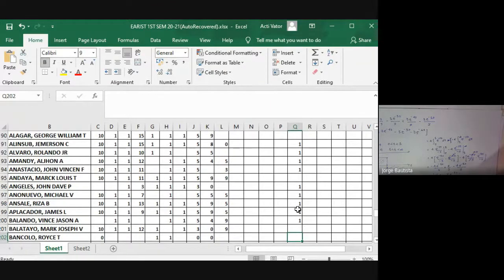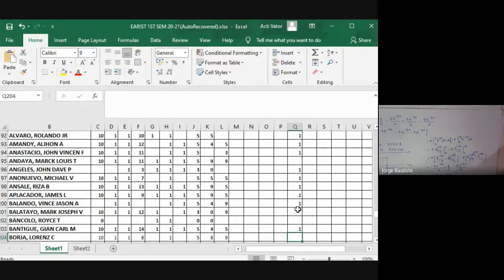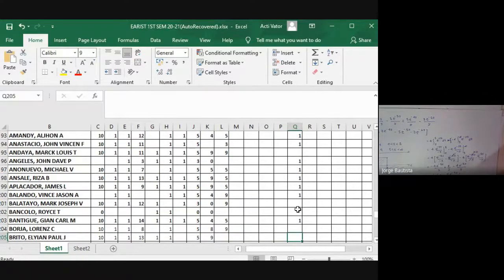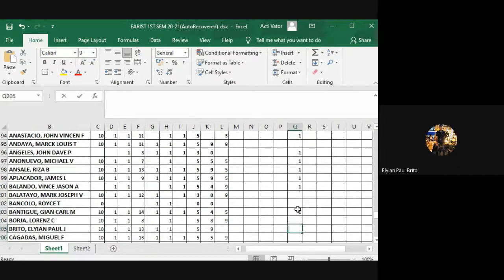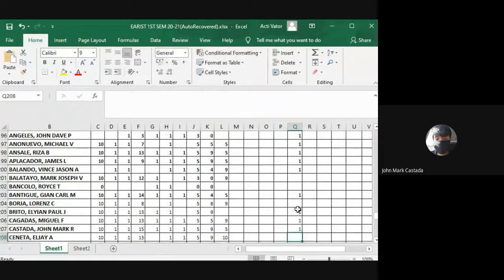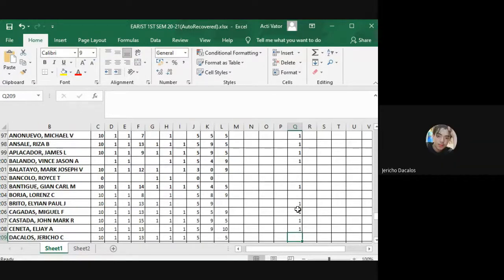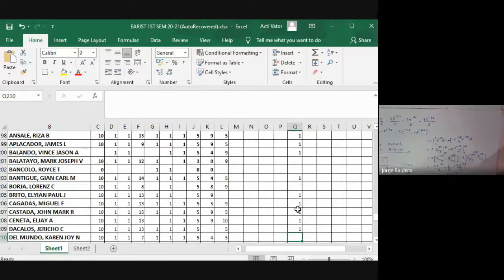Bantige. Present po. Borja. Brito. Present po, sir. Agadas. Present, sir. Espada. Present, sir. Pineta. Present, sir. Dacalos. Present, sir. El Mundo.